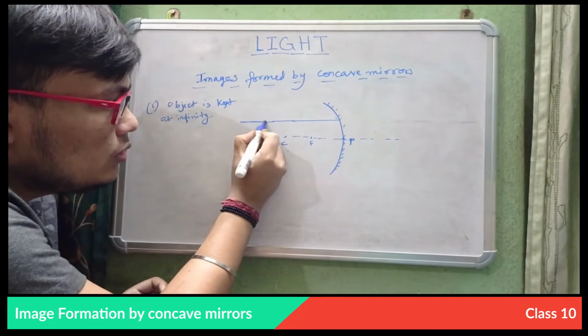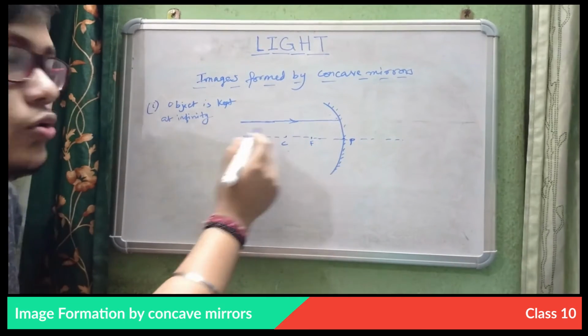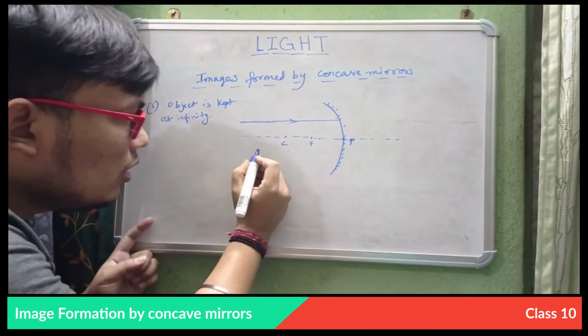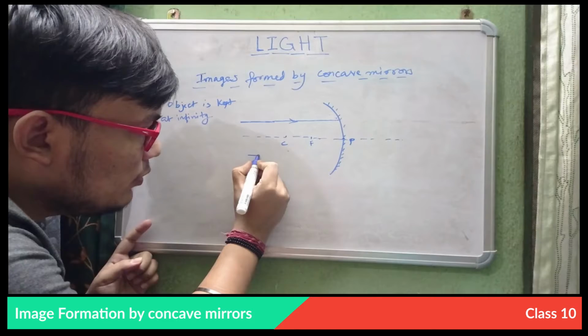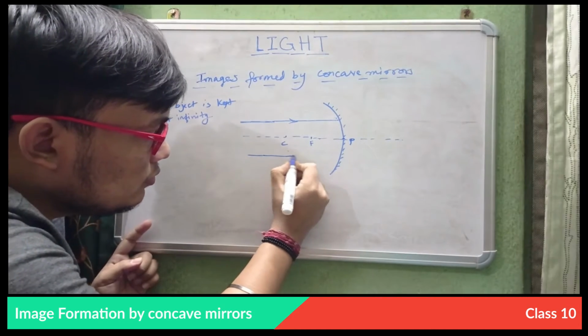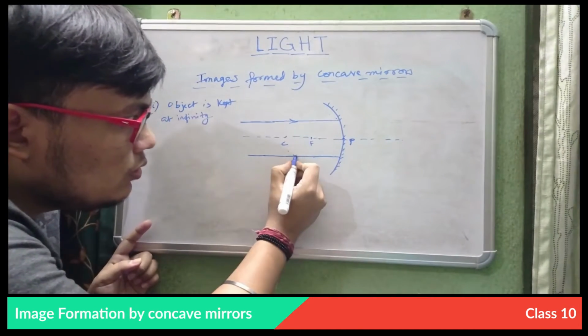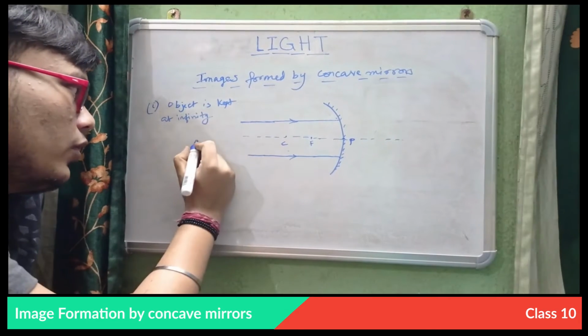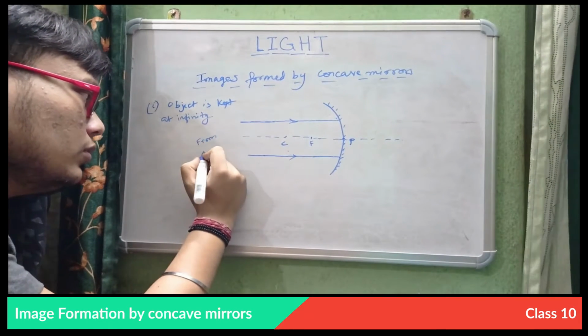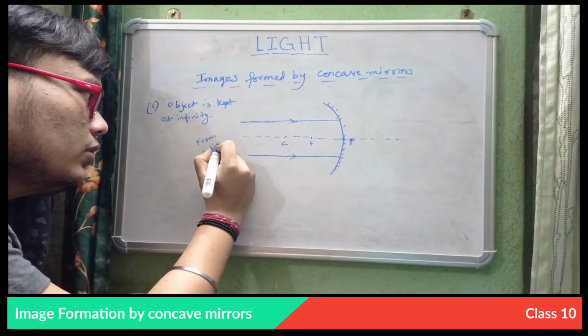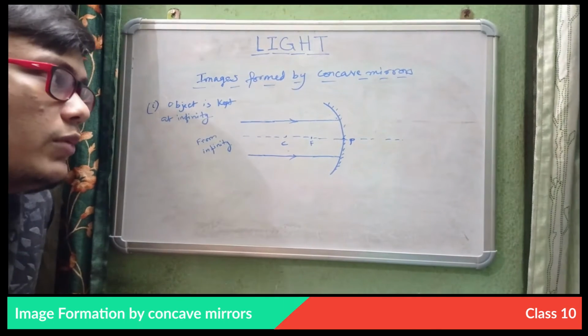This ray is parallel to the principal axis. The second incident ray will be from this side. The incident rays are coming from infinity.